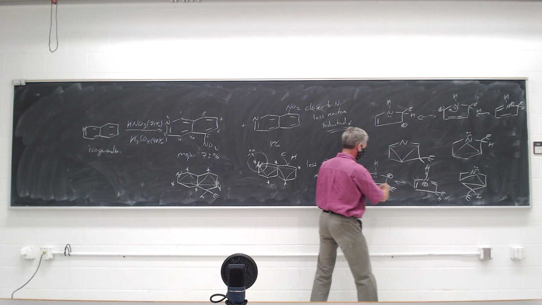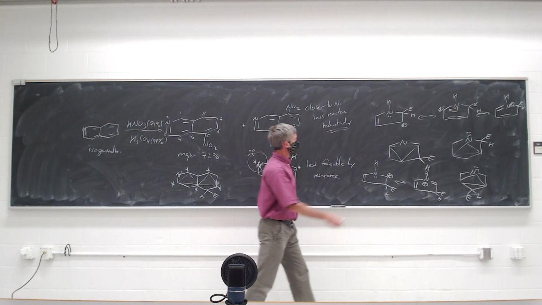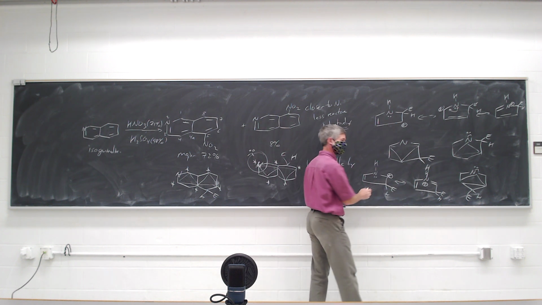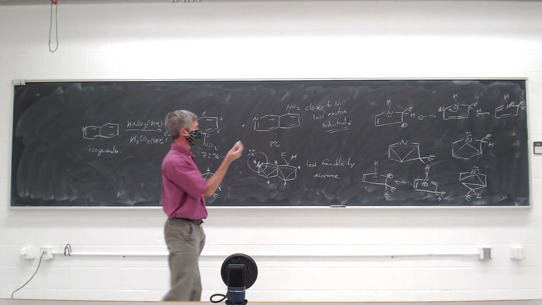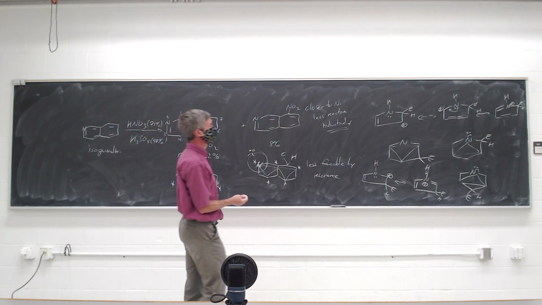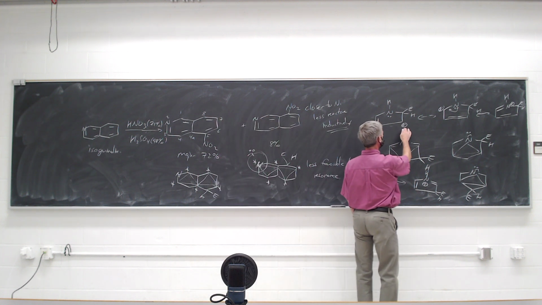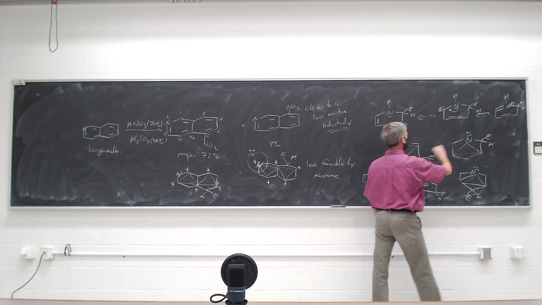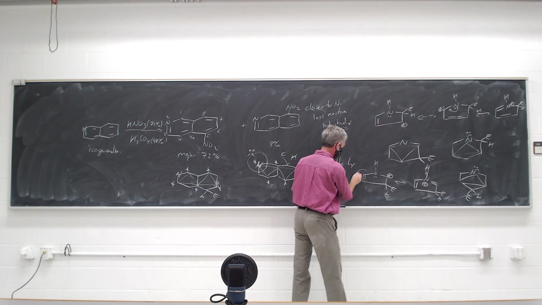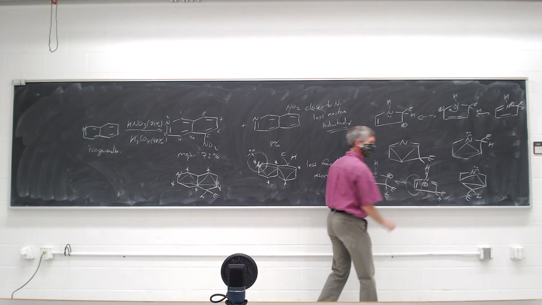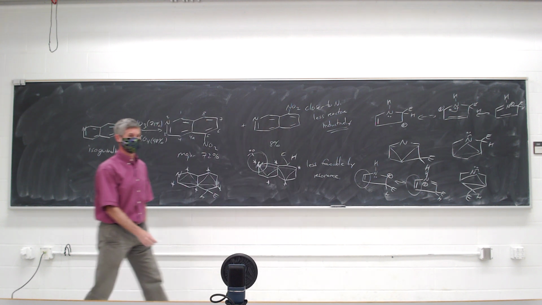There's no 3rd resonance structure possible. 3 resonance structures is better than 2 resonance structures, and attack in the 2 position allows you to delocalize that charge onto more different atoms. Right? So 2 resonance structures that have a positive charge on carbon and 1 that has it on nitrogen, here you just get 1. And there's no way to put the positive charge into that other side of the ring.